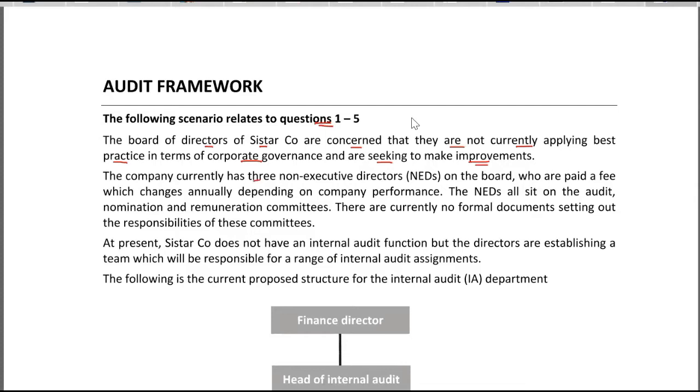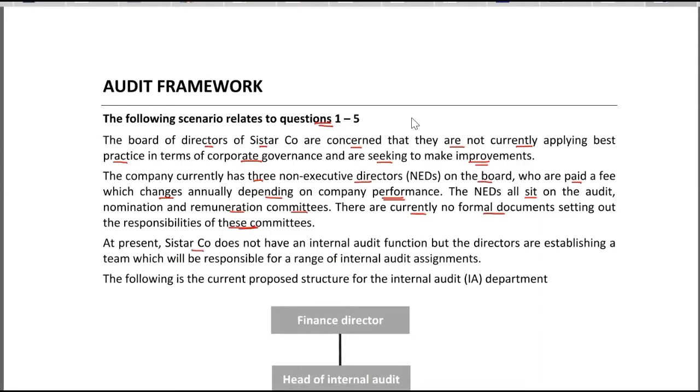The company currently has 3 non-executive directors on the board who are paid a fee which changes annually depending on the company's performance. Now, hopefully you remember the corporate governance. So their NEDs are taking performance related pay. The NEDs all sit on the audit, nomination, and remuneration committees. There are currently no formal documents setting out the responsibilities of these committees.